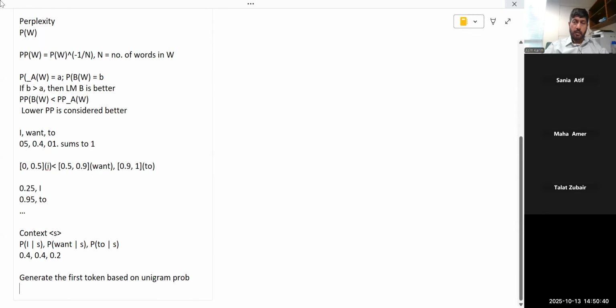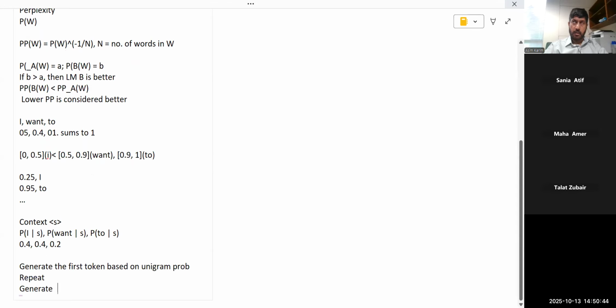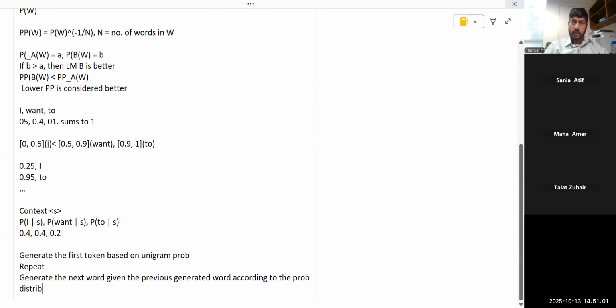And then repeatedly generate the next word given the previous generated word according to the probability distribution. ठीक है. Randomly, just like we discussed before.